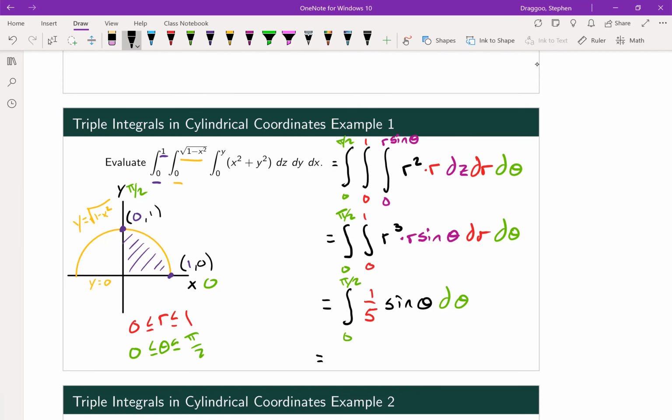If we integrate sine theta, we should get negative cosine, and then we'll evaluate negative cosine from 0 to pi over 2. At pi over 2, cosine is 0. At 0, cosine is 1. So that should be just 1 times 1/5. So 1/5 is our answer. Maybe move that over here. Looks a little cleaner.